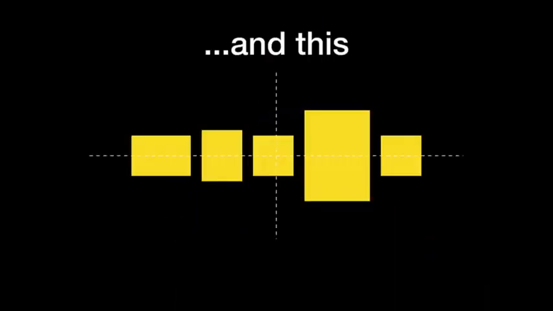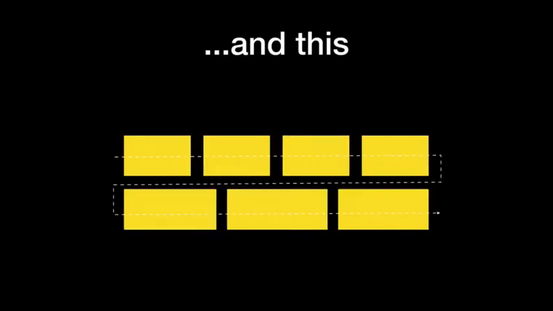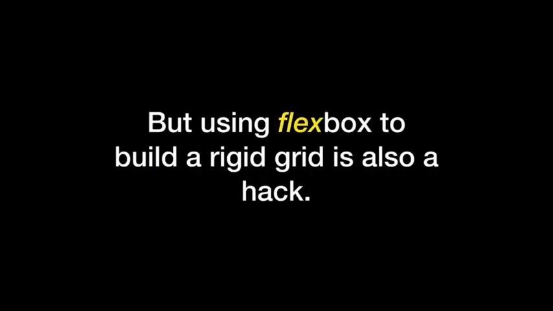So that was nice. We could also easily do this without any trickery or JavaScript. We could even wrap things on multiple rows. But using Flexbox to build a grid in 2 dimensions is also a hack.